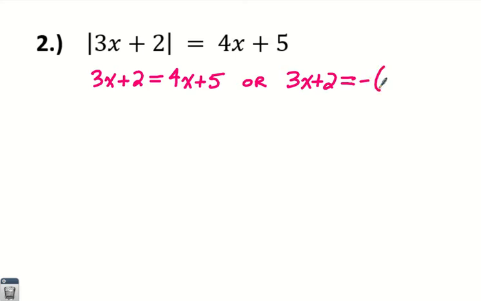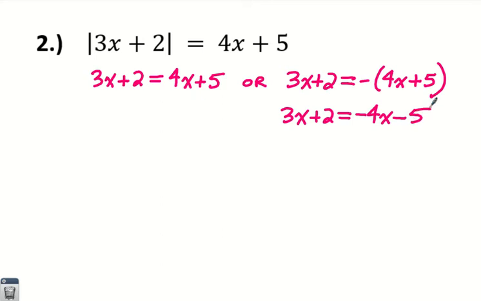And why don't I emphasize that by first writing it in parentheses with a negative out in front. And so that basically ultimately will mean negative 4x minus 5.